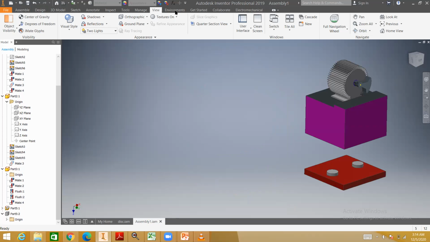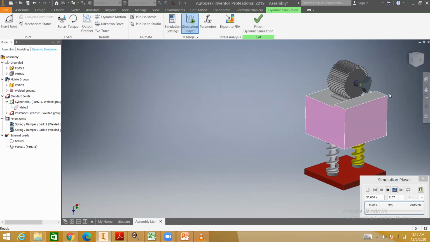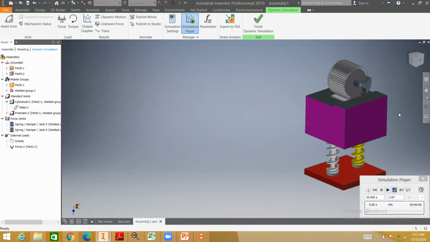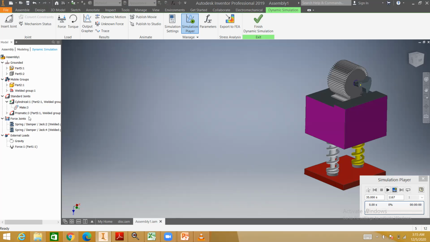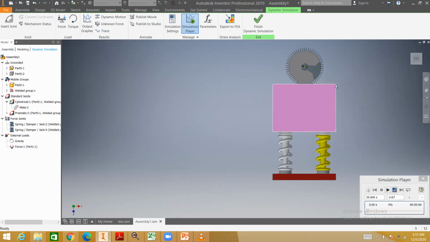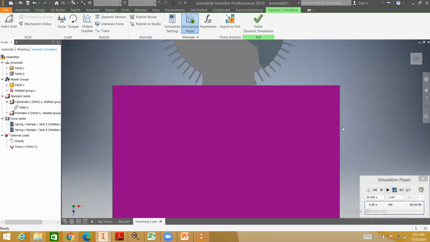For free vibration, that is, to find the natural frequency, we need to provide some displacement, called the initial displacement, and then we allow the system to oscillate freely, and for such oscillation we will measure the time period. Just observe, I will apply some force in the downward direction. You can observe the displacement of this corner point in the downward direction initially, and then it will oscillate about the mean position.